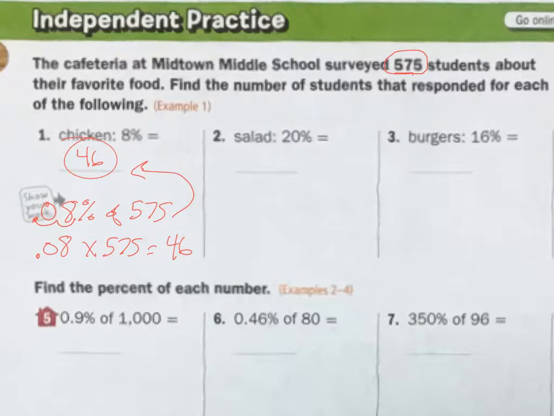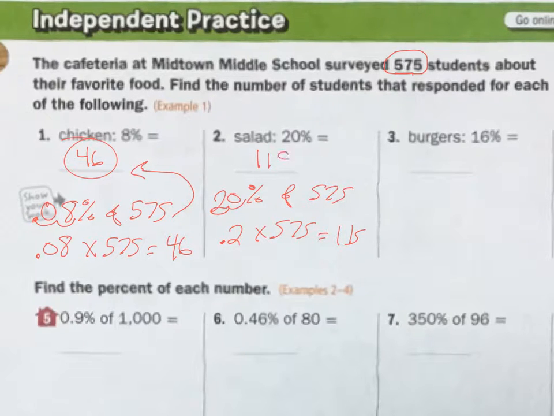Okay, let's do 20% of 575. So 20% of 575, 1, 2, it's 0.2 times 575. 0.2 times 575 equals 115.